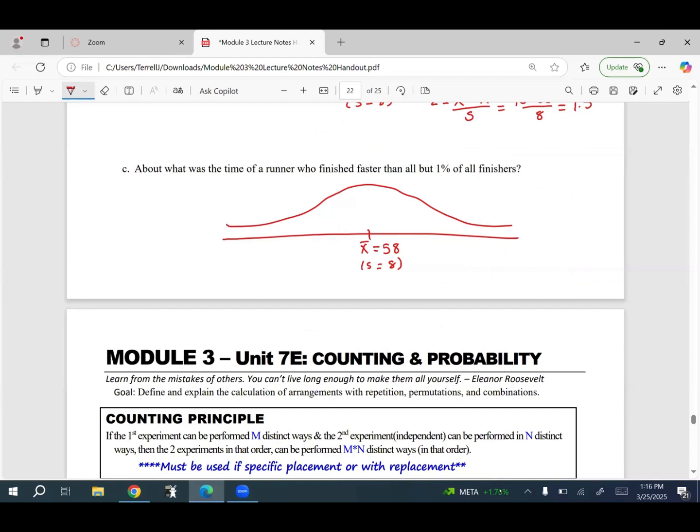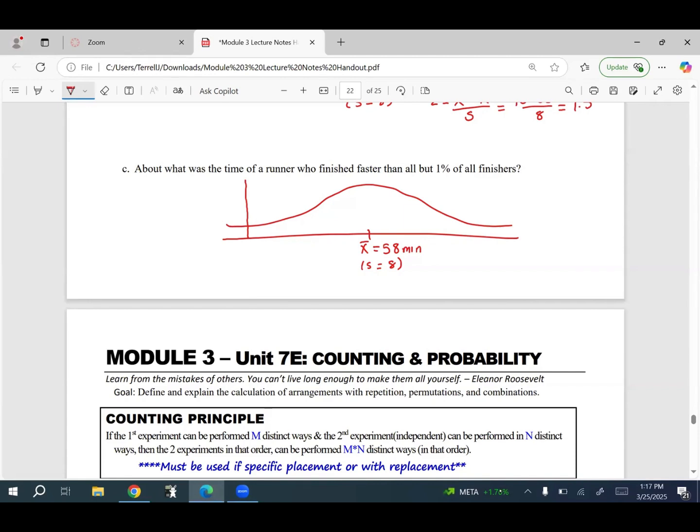I want to be in a position where I finish faster than all but 1% of the finishers. Think about what we're looking at. We're looking at 58 minutes, right? In the center, in my middle, the average runner took 58 minutes. If I finished faster than most people, I should be somewhere over here, less than 58.